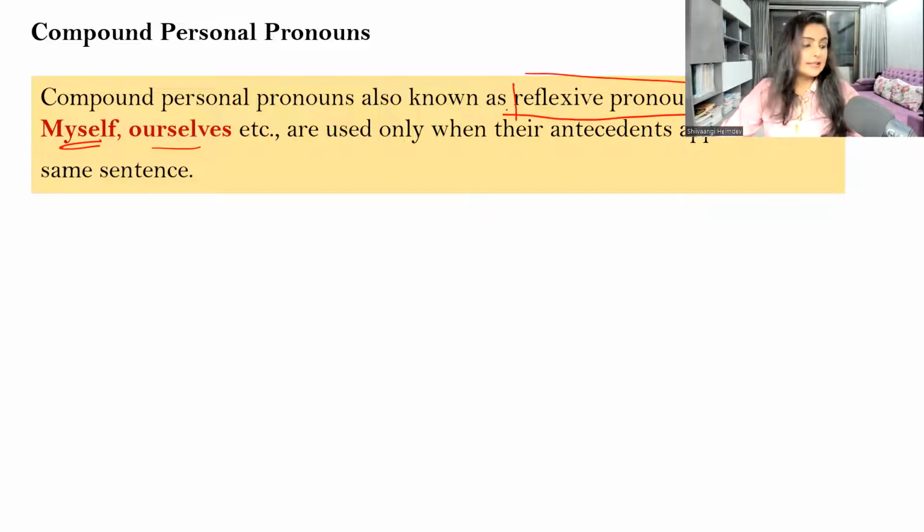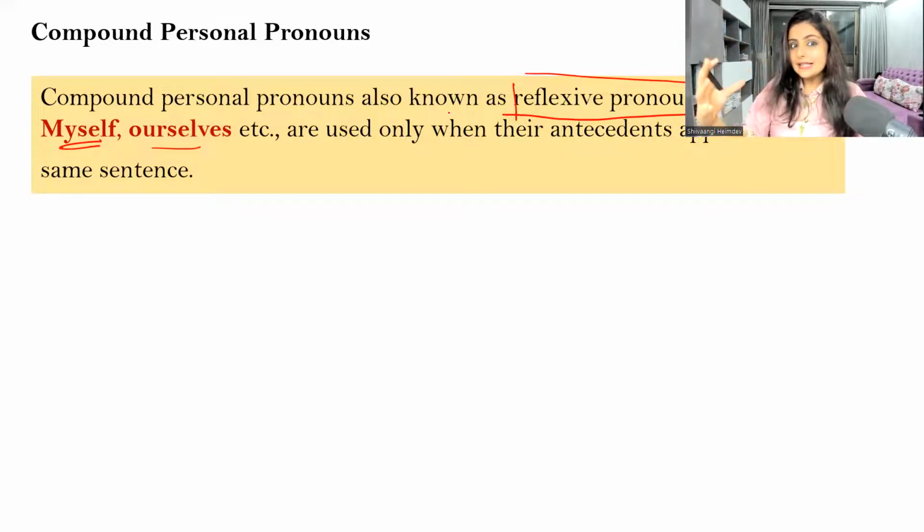Now, what is a reflexive pronoun? A reflexive pronoun is something that reflects upon. If I stand in front of the mirror, it will be my reflection. If you stand in front of the mirror, it will be your reflection. So something that reflects upon.